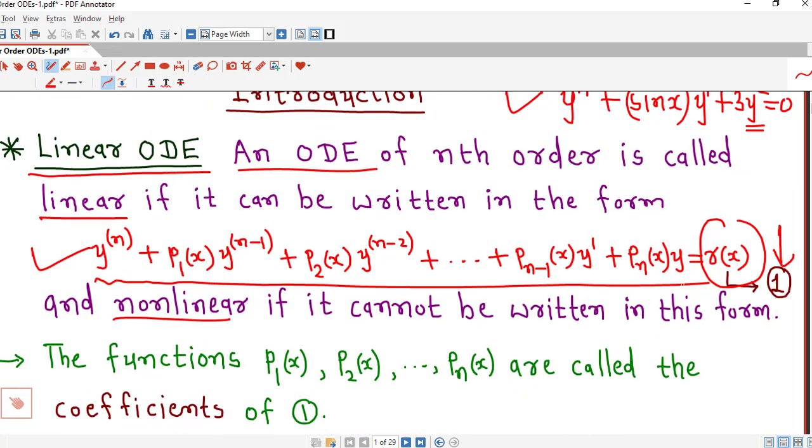So for a linear differential equation, one observation is that the power of the function y and all of its derivatives is 1. The function y and all of its derivatives are in the first degree only, and they are not multiplied together.